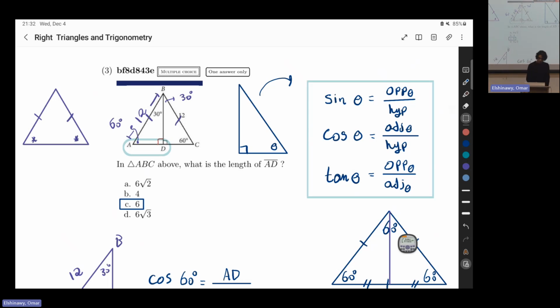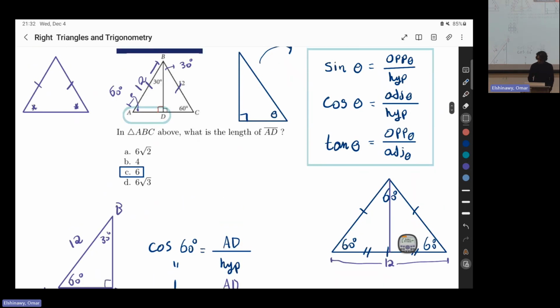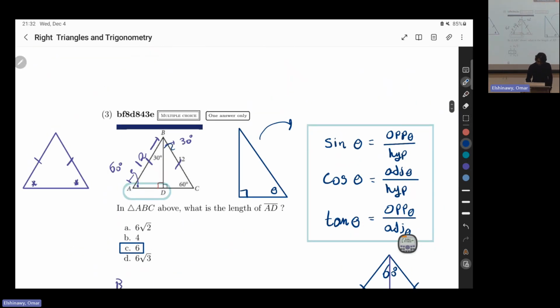Here we had the choice to choose whatever angle we wanted, but you could have just proceeded like this. If this is 30 degrees, then you take the sine of 30 degrees. It's AD divided by 12. You need to work for the fact that this is also going to be 12. It's a good observation.